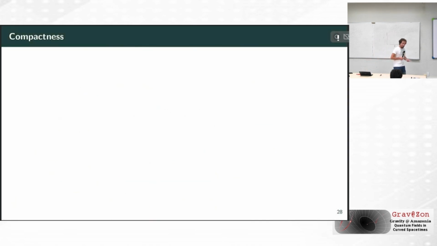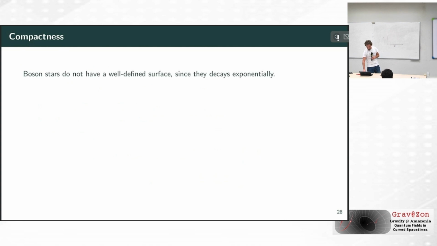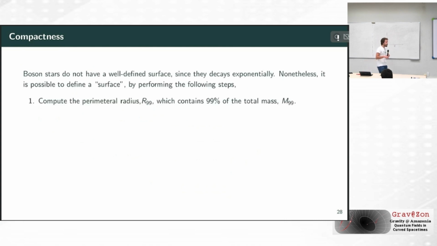For a Boson star, the Boson star doesn't have a well-defined surface. The scalar field decays exponentially as you go far away, but it doesn't have a rigid defined surface. However, you can try to define some type of surface which is associated with the radius that contains 90% of the total mass of the Boson star.